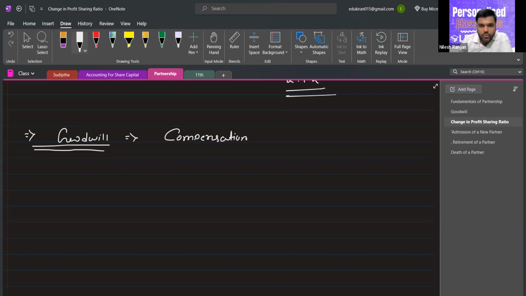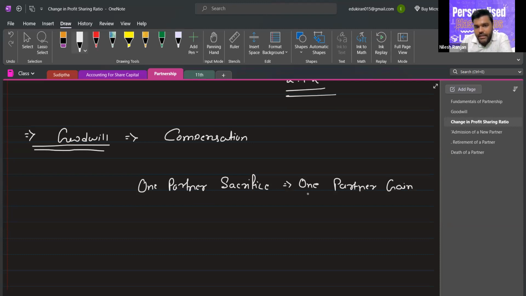Now, maybe there is a question like, compensation for what? In change in profit sharing ratio, some partners sacrifice and some partners gain.